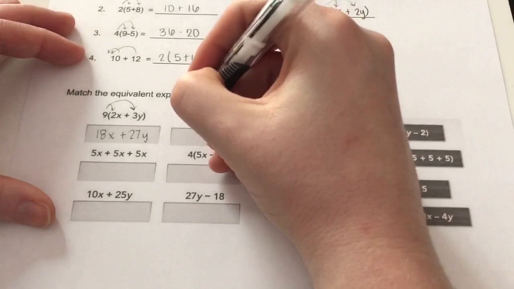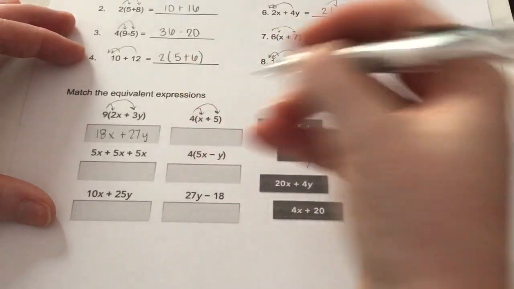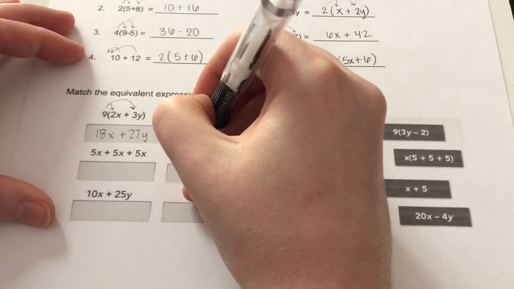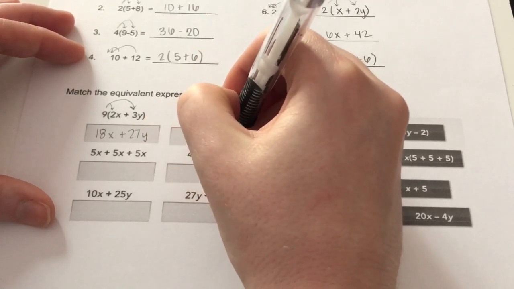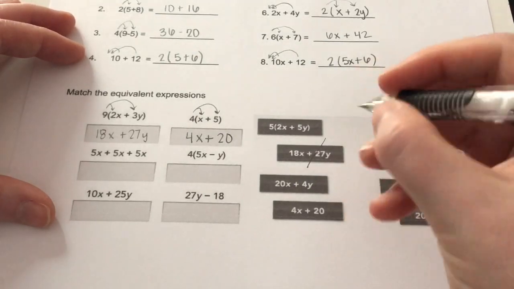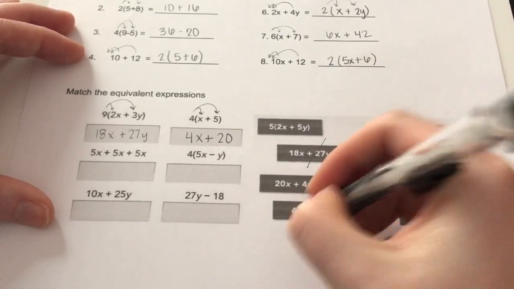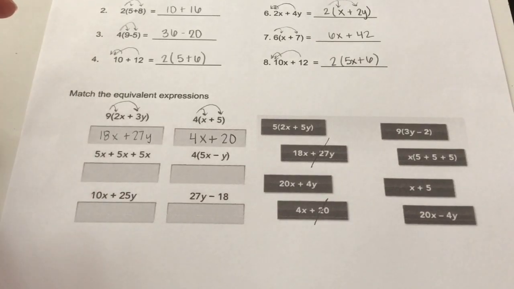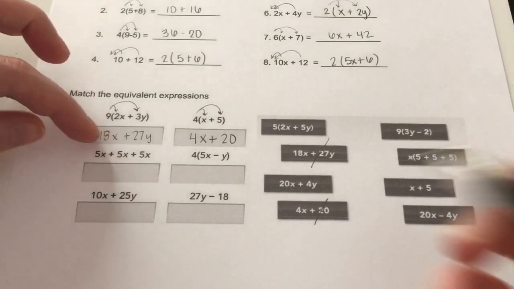Let's see. So I'll just go through these. Again, I really encourage you to pause the video at this point and work on your own. You can always unpause or fast forward. Let's see.